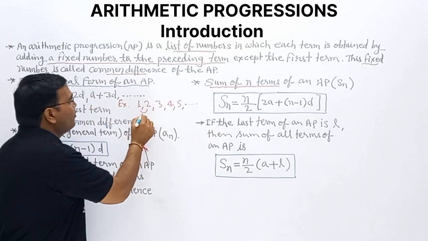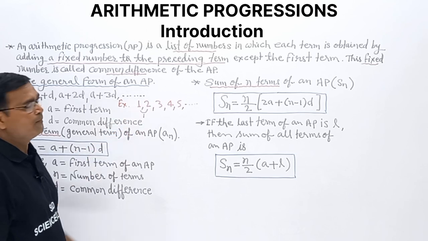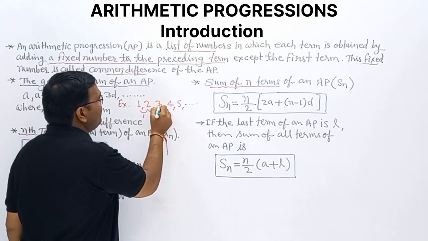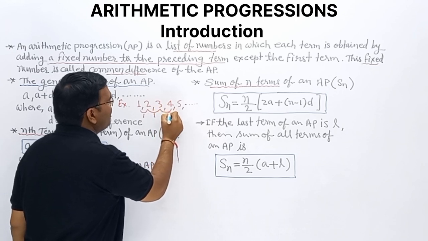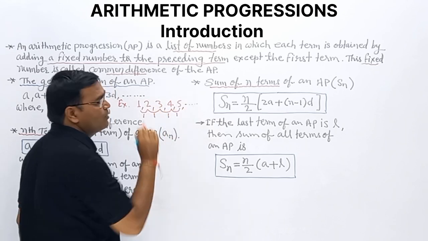We add 1, and 1 plus 1 is 2. Again we add 1 to this one and we get the next, and again we add 1 and get the next.